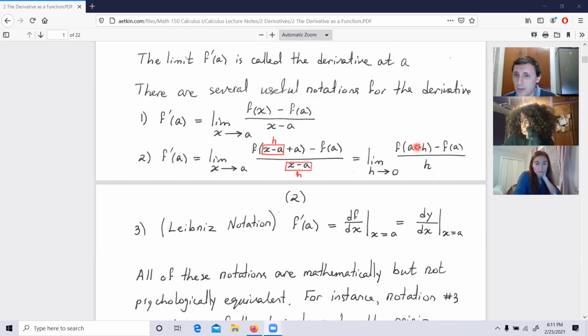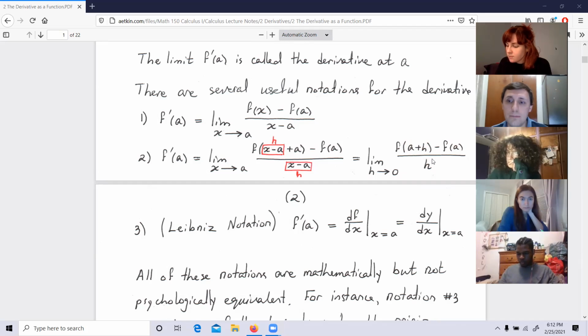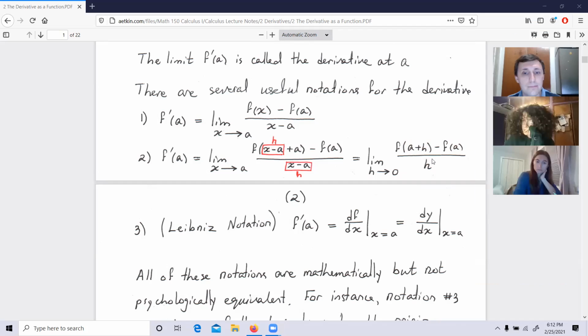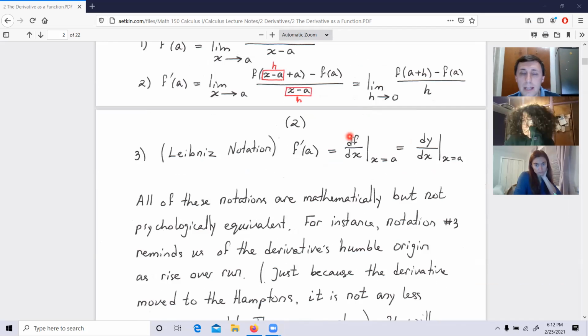That's an imitation of a. f at imitation of a minus f at a divided by the difference, by the error. The formula makes sense to you, I hope, guys. Yes? And in Leibniz notation, it will be simply the derivative at x of df dx or dy dx at x equal to a.